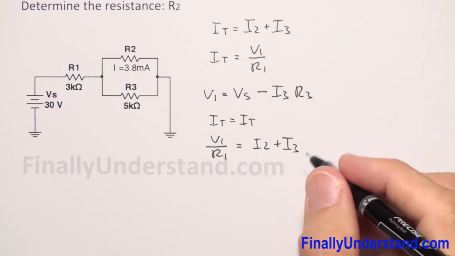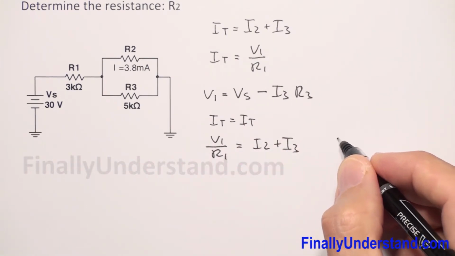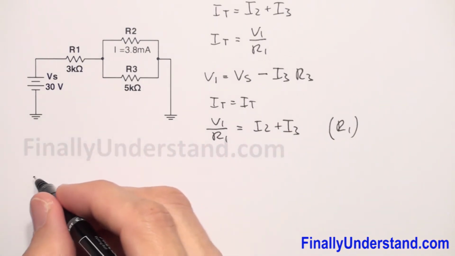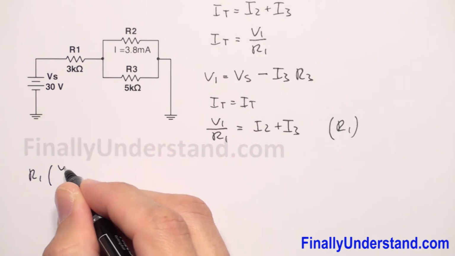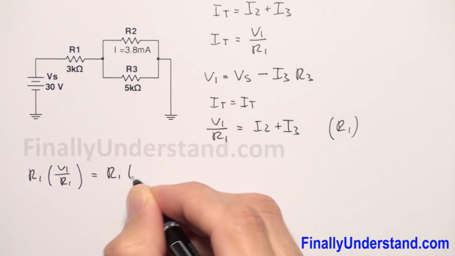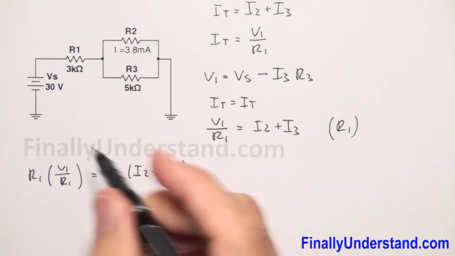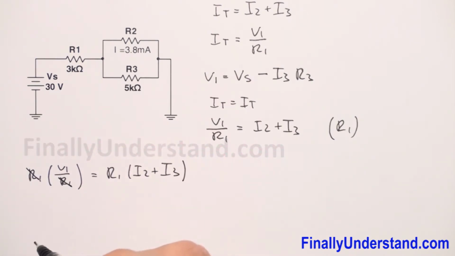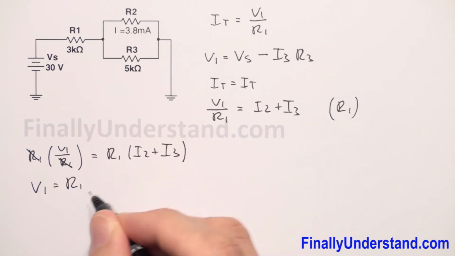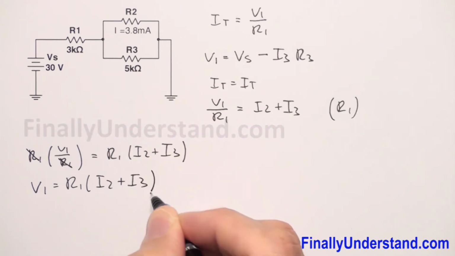So I'm going to multiply both sides of this equation by R1. So I'm going to have R1 times V1 over R1 is equal to R1 times (I2 plus I3). So R1 and R1 will cancel out, and I got V1 is equal to R1 times (I2 plus I3).